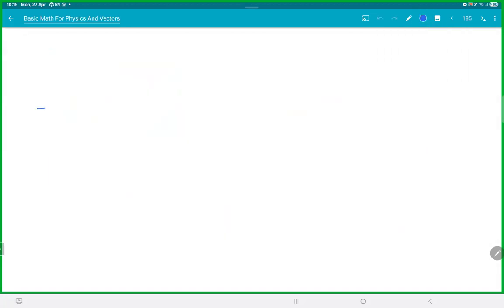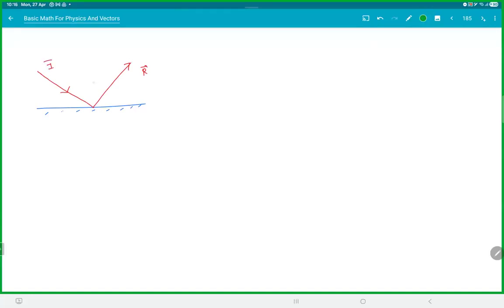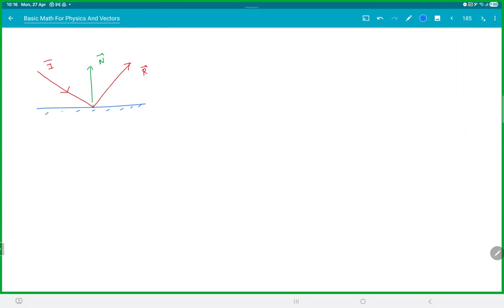You know where you have seen this thing? Again, in optics, you must have studied this. The incident ray, the reflected ray, and the normal are in the same plane. You guys remember the statement? In law of reflection, there are, I think, 3 points. One was the angle of incidence is equal to angle of reflection. The second thing was the incident ray, reflected ray, and the normal are on the same side of the mirror.